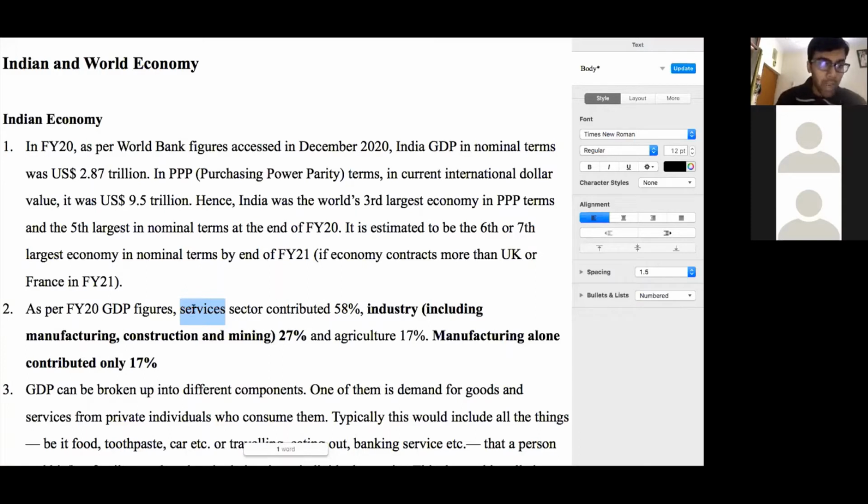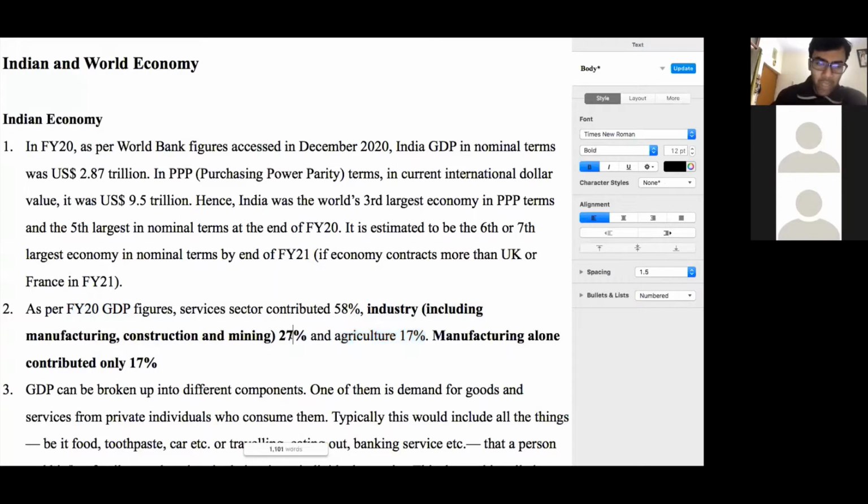So as per FY20 GDP figures, services sector contributed 58% to the GDP, whereas industry, now the reason why I have highlighted industry, I'll explain just now, contributes 27% and agriculture contributes 17%. These are rough figures, not very accurate figures. So you can say this is around 15%.